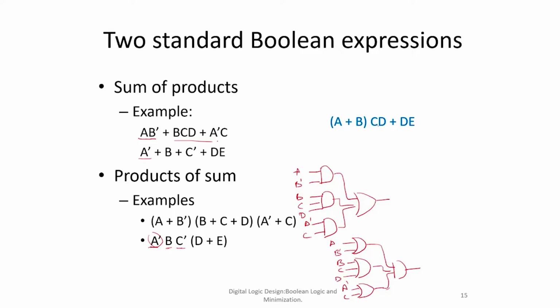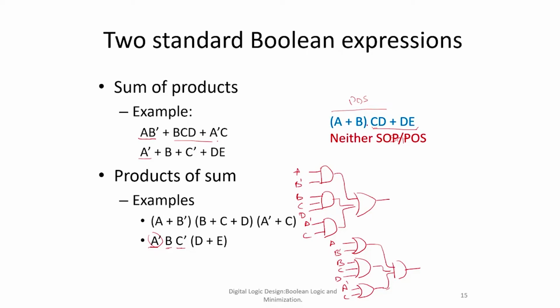So this part, if I consider only this part, then I can say it is sum of product, and if I consider only this part, then I can consider it as a product of sum. But if I see it in totality, this part I'm writing is SOP and this is product of sum, but because product as well as sum, both of these terms are there, so it is neither sum of product nor product of sum.